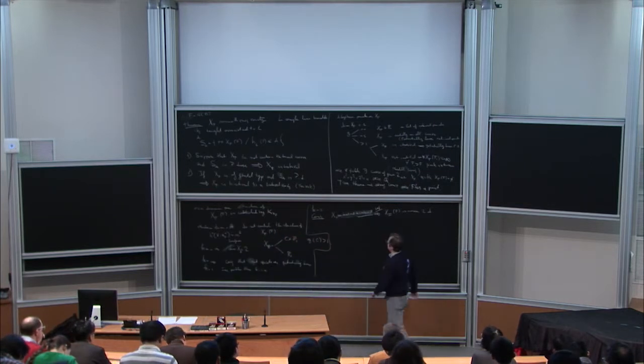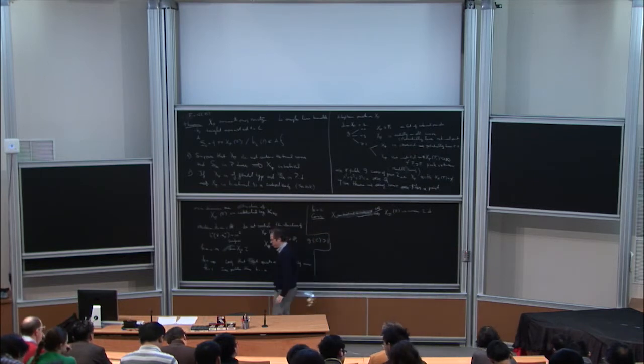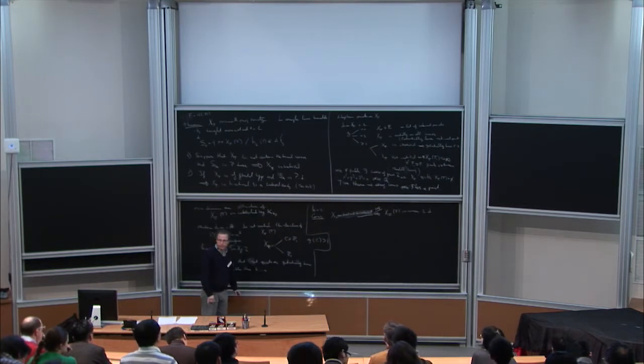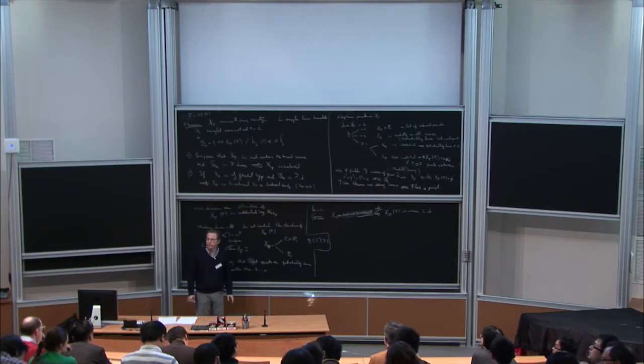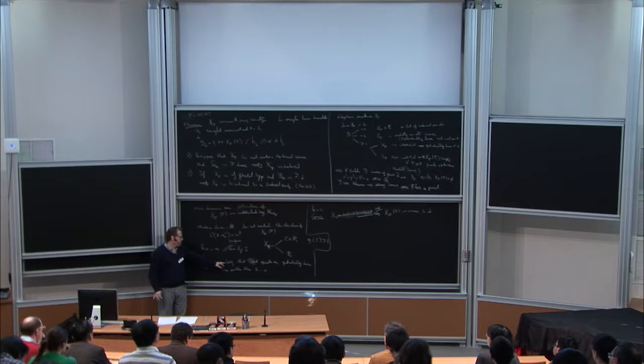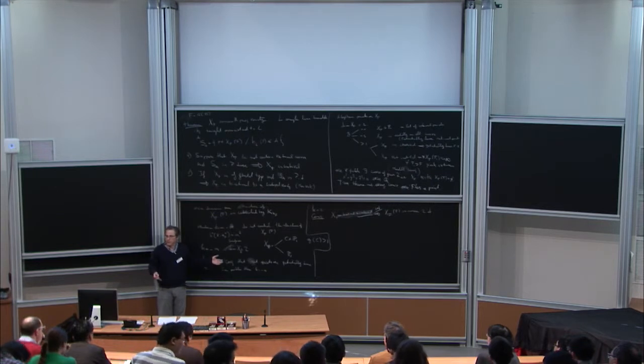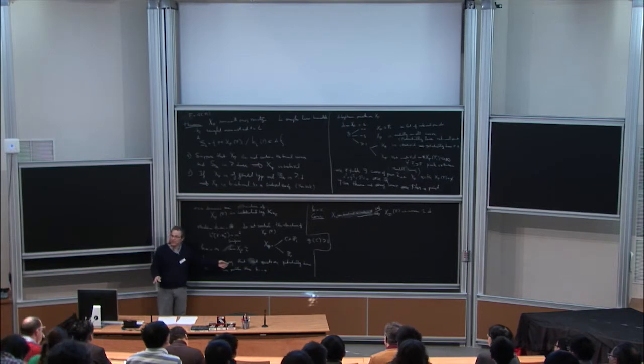So you see how you have to be careful about statements in the function field case. If it is isotrivial, then you have a lot of rational points, so it is potentially dense. And if it is not isotrivial, you suppose that anyway you have a lot of rational points.